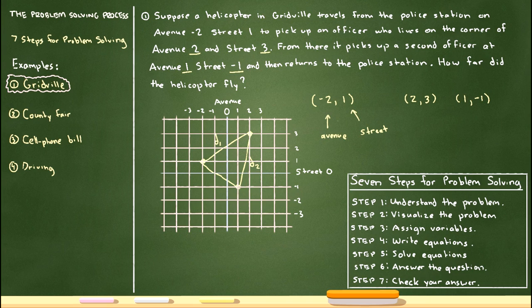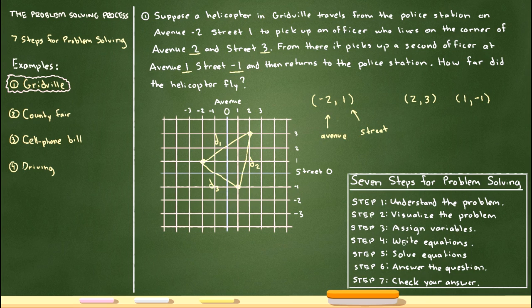And from the second police officer back to the police station, we could call D sub 3. So now we have some variables assigned, these distances along our helicopter's path.